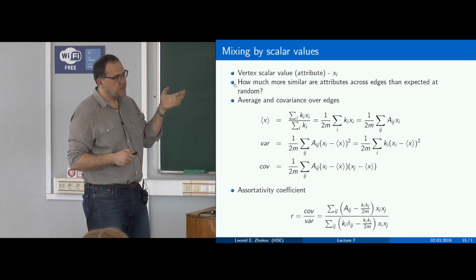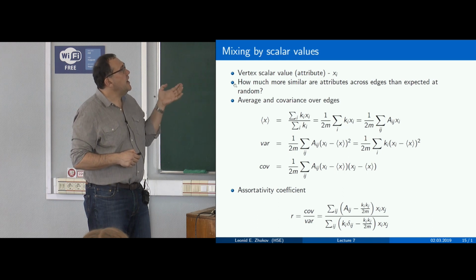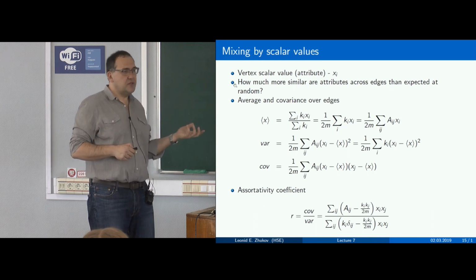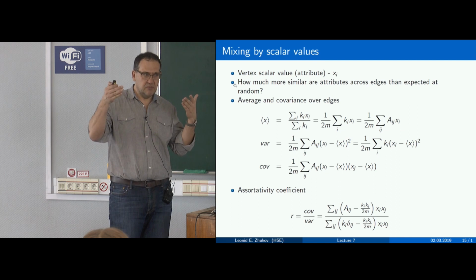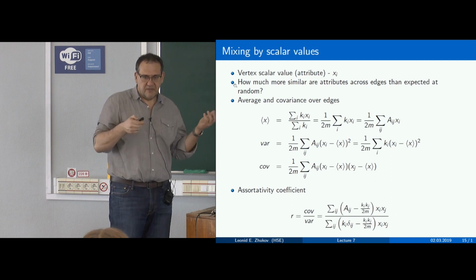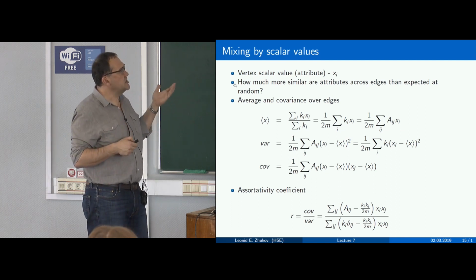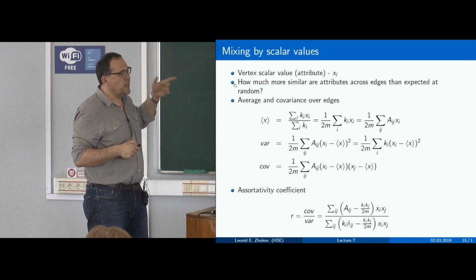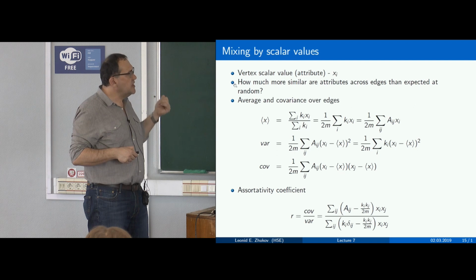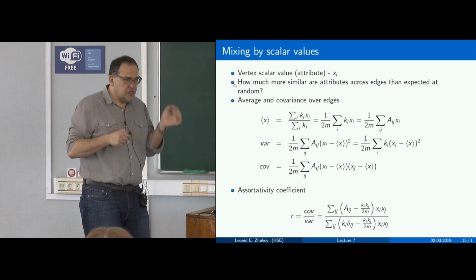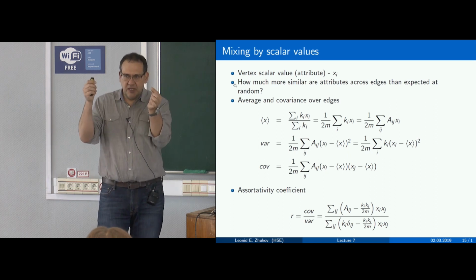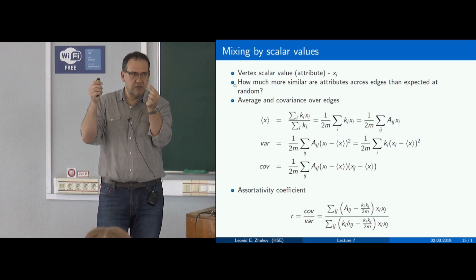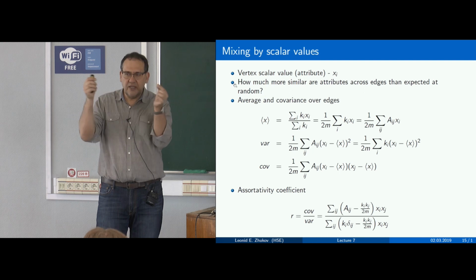So it's a category. Now, if your attribute is a number, let's say age or income, then you can do a very similar story. You can explain it the same way as I explained before, or you can think about it literally as correlation. You calculate the correlation between the values of two nodes, but you do it only if they're connected.